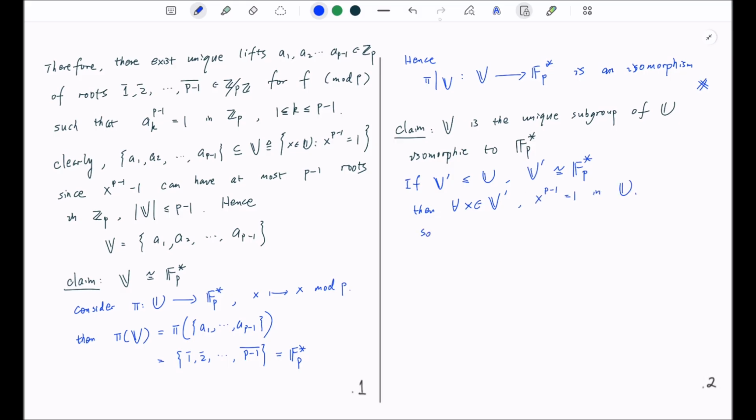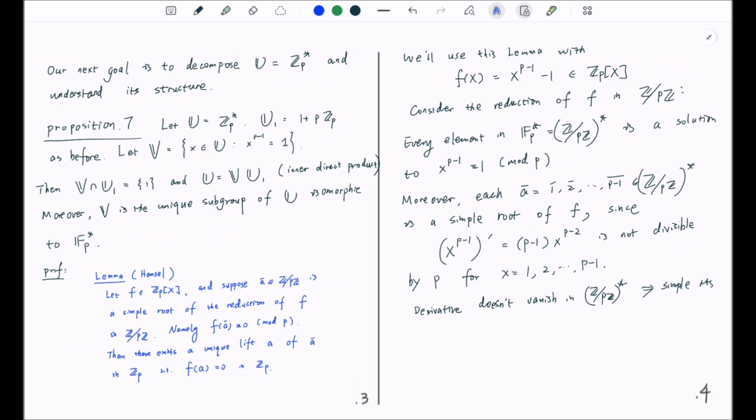So by definition, this V prime must be contained in V. On the other hand, because this is isomorphic to Fp star, it must have cardinality precisely equal to p minus 1. And V has cardinality p minus 1. So they must be equal. And this verifies the second claim.